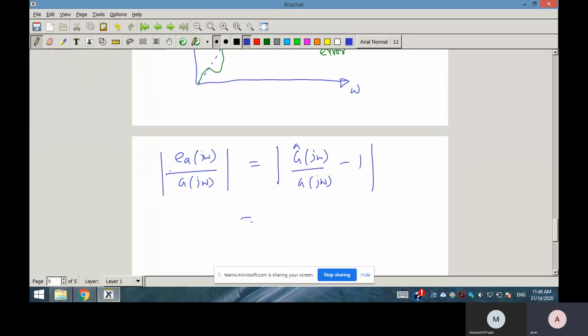So this is equal to delta of j omega into WC of j omega. You can see that delta G of j omega divided by G of j omega is always less than or equal to WC of j omega. And if you want to write like this, then what should be your delta j omega? Delta j omega should be less than or equal to 1 for all frequency omega.